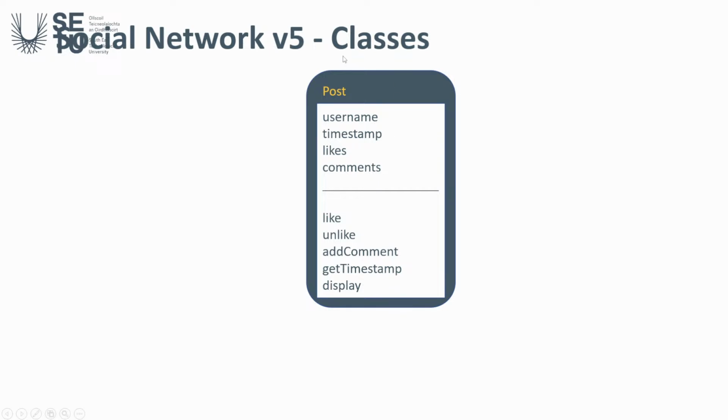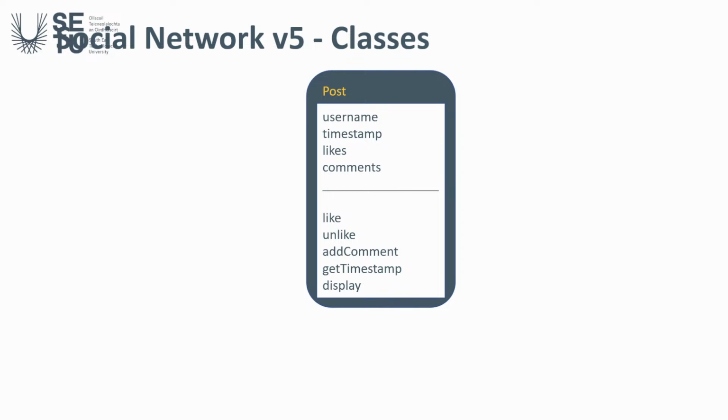So here is our post. Again, it has our username. We've introduced our timestamp. It has likes and it has comments. So we've added a few extra fields along the way from version 4. This is what we said is the information that's general to all posts.